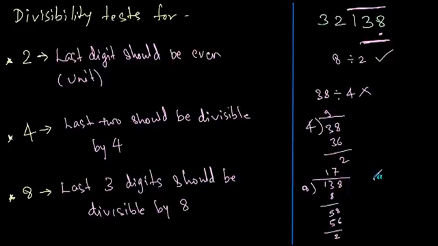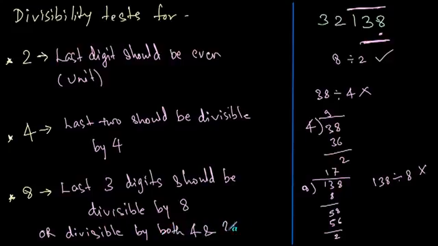So 138 is not divisible by 8. So this example here is only divisible by 2. Now one more point is that when you divide by 8, you can also check if it is divisible by 4 as well as if it is divisible by 2. The condition can be or divisible by both 4 and 2.